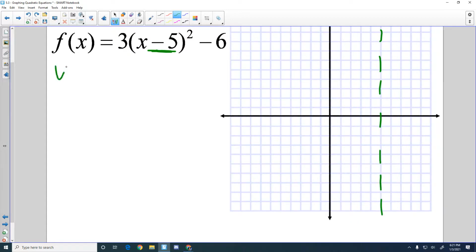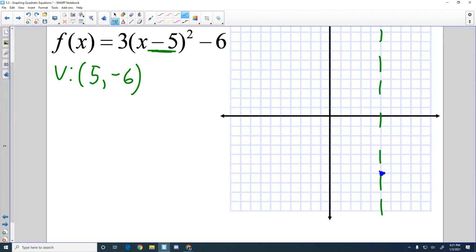The vertex is going to be at 5, -6. So from there, right 5, down 1, 2, 3, 4, 5, 6. All right, so that's the first two things we need to plot this.